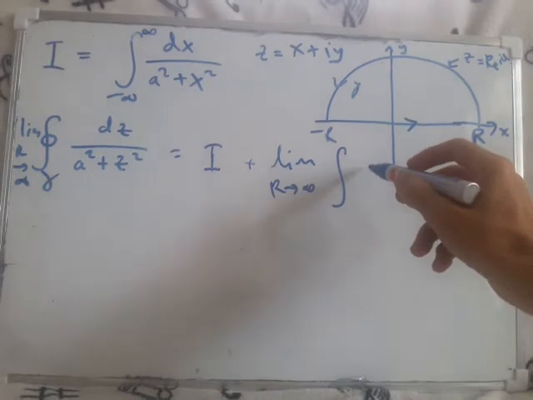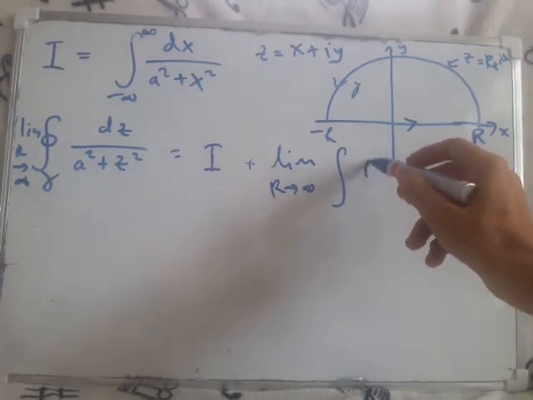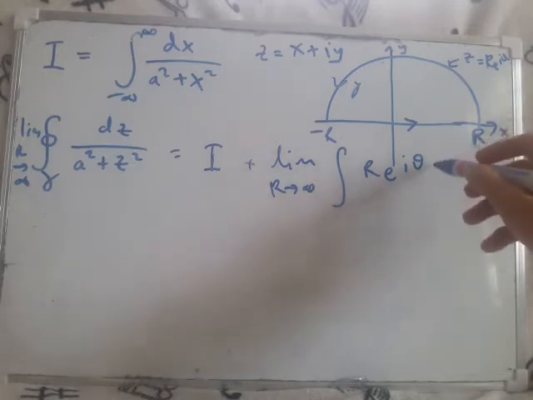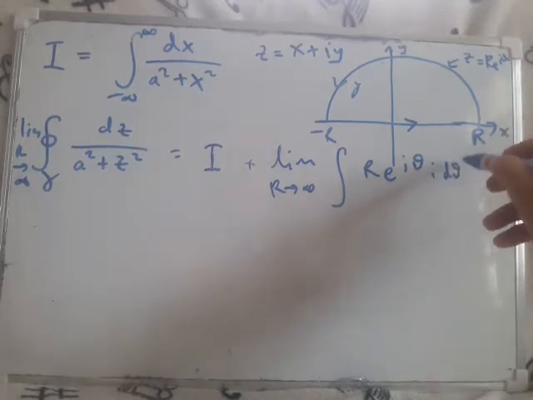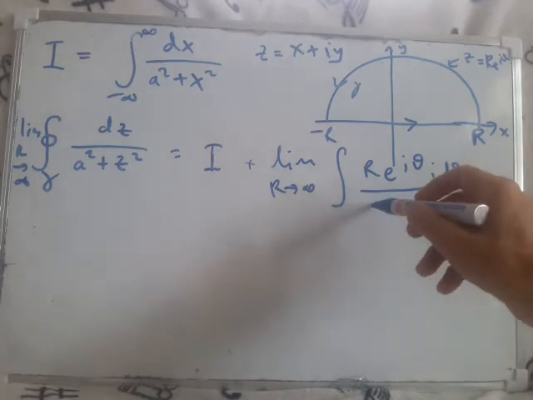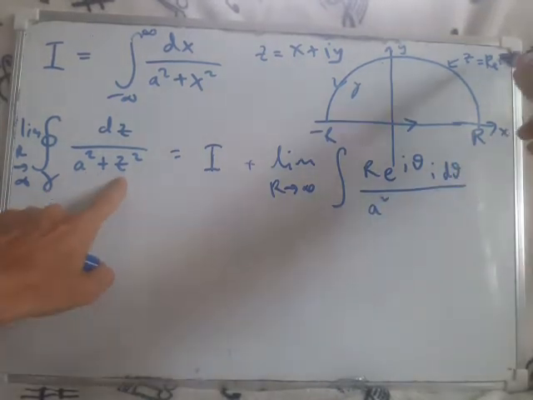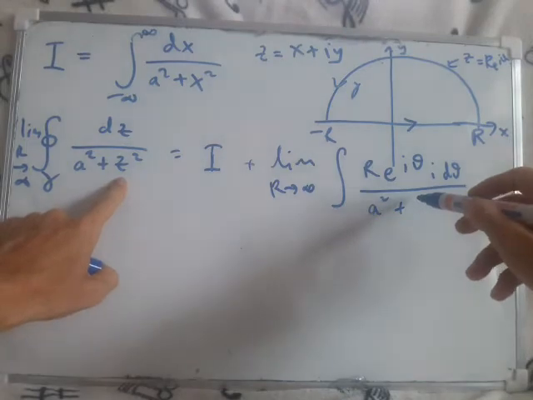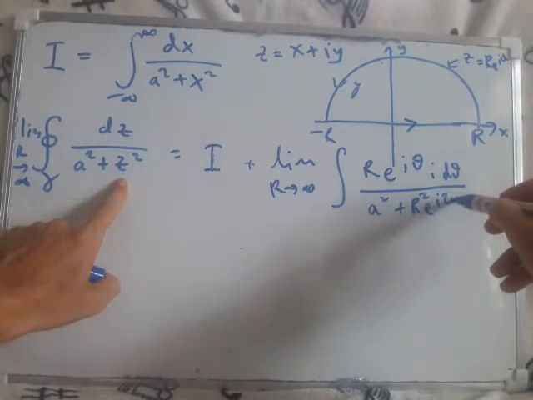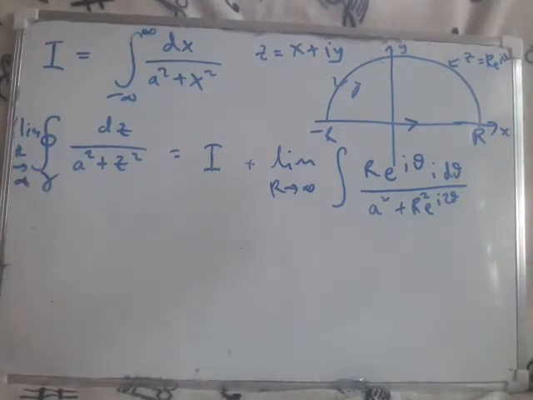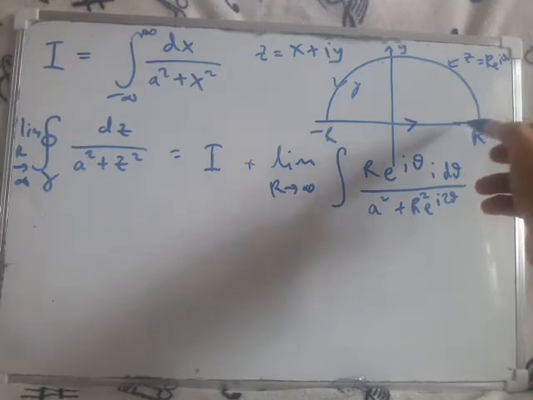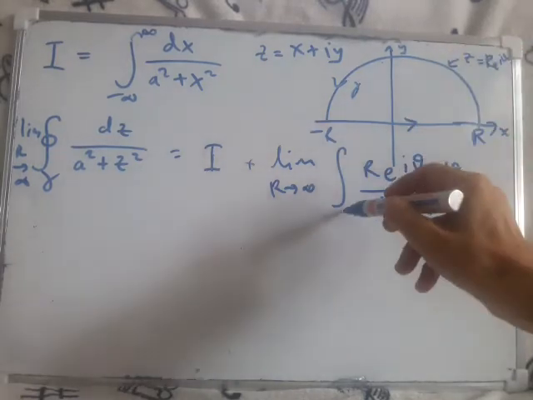So we end up with dz is now r e to the i theta times, differentiate this, i d theta. And on the bottom, we have a squared and z is r e to the i theta, so that's squared, so you've got this thing on the bottom. And theta is varying from 0 up to pi.